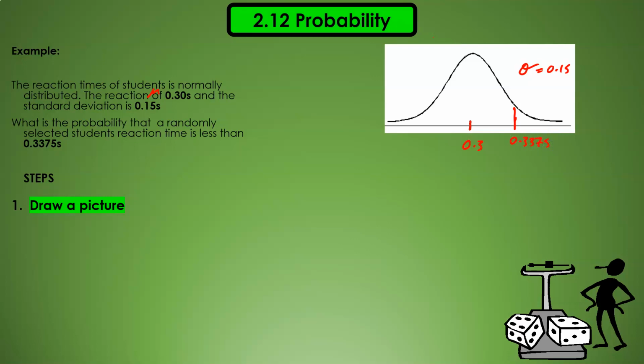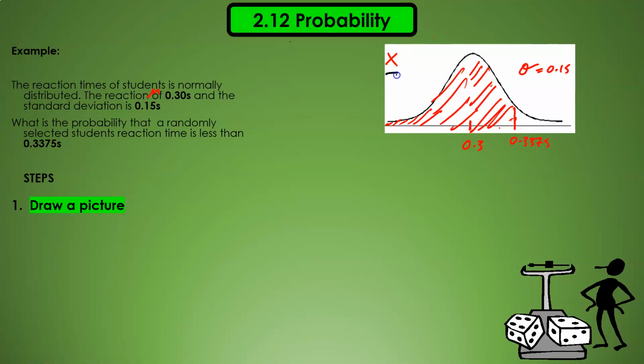We want everything less than our limit, so that means everything from the mean and also continuing on. This whole area here, we want to work out the size of x.